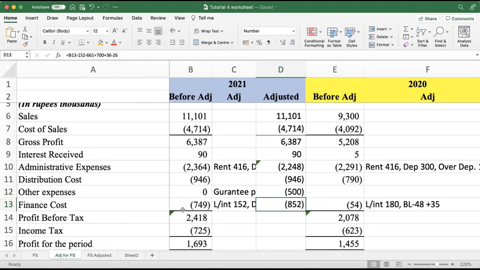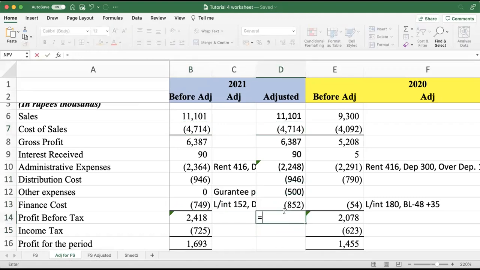Then how much profit before tax? Gross profit plus interest received minus your expenses.